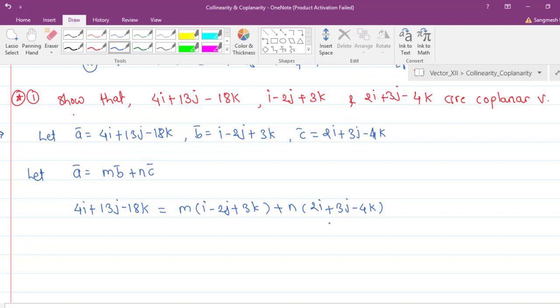As we have equated these two vectors, we can directly equate the coefficients of i, j, k.